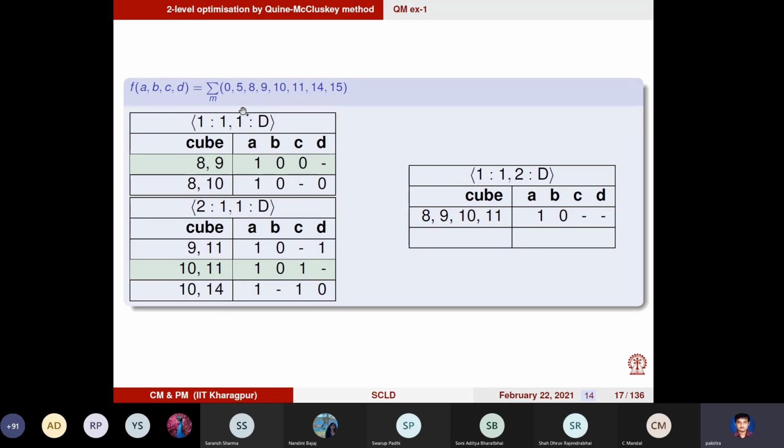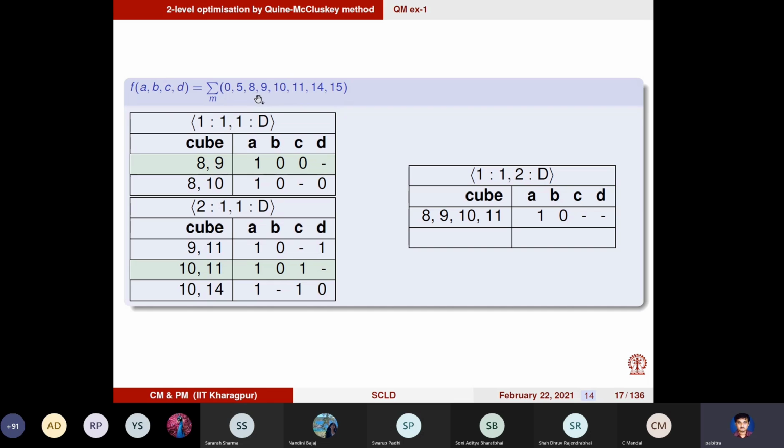We are checking in a loop whether, let's say, 0 and 5 can be combined, 5 and 8 can be combined, 9 and 10 can be combined, 11 and 14 can be combined. In fact, what can be combined with what for a particular number of variables is kind of a lookup table. You can easily recall it from a lookup table. You need not actually compare them.